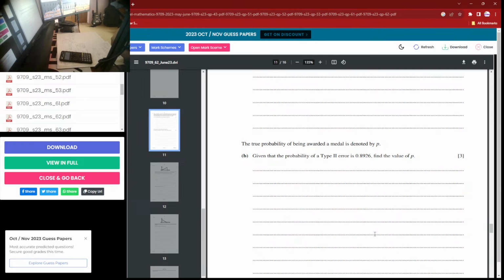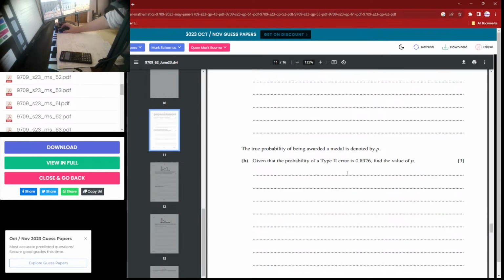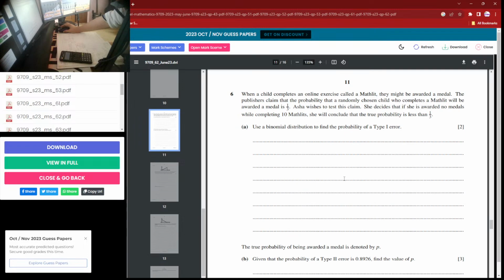B. The true probability of being awarded a medal is denoted by P. Given that the probability of the type 2 error is 0.8926, find the value of P. Okay, so for this one, a type 2 error means she does get a medal.